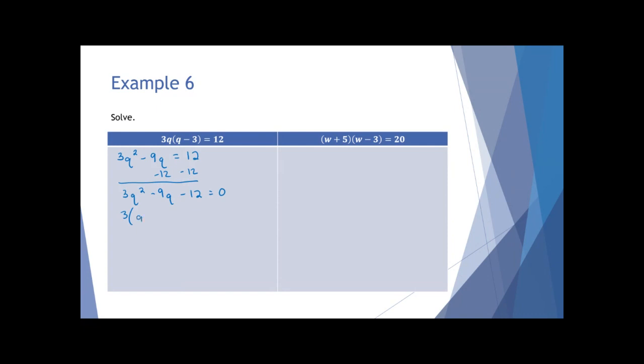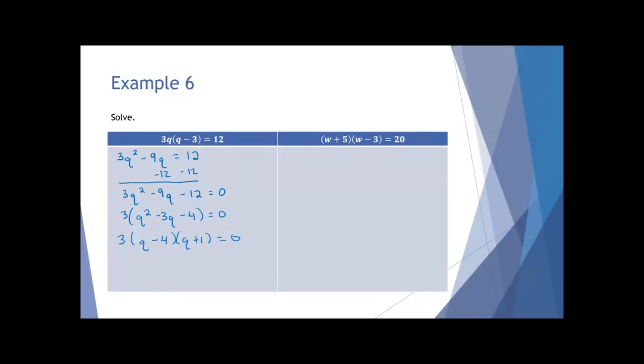So that's 3, and then in parentheses, q squared minus 3q minus 4 equals 0. So then I'm going to factor. So I have 3, parentheses, and this factors to q minus 4 times q plus 1 equal to 0. So that gets me a negative 4q plus 1q, that's minus 3q.